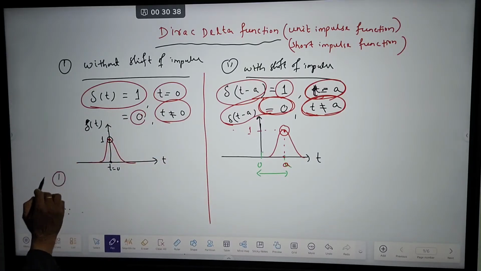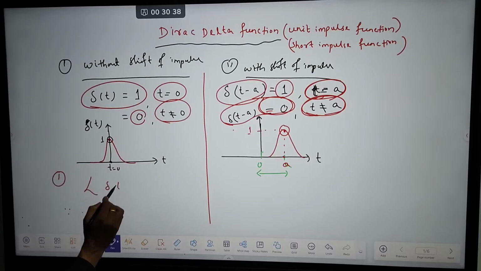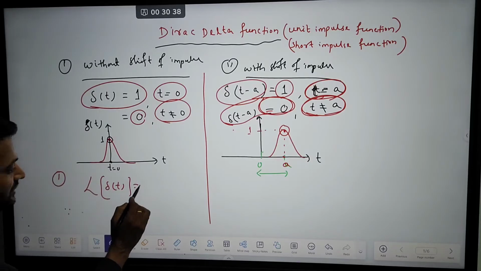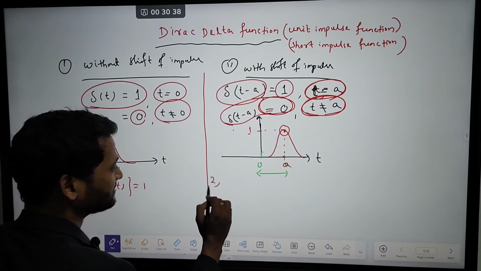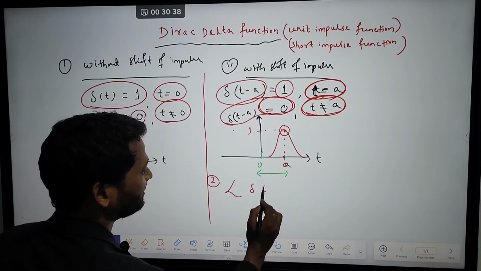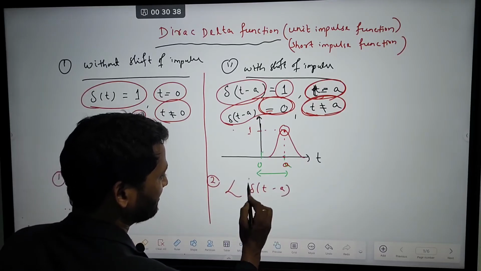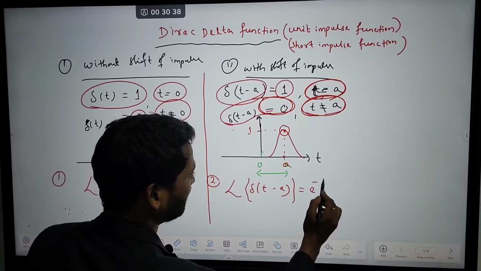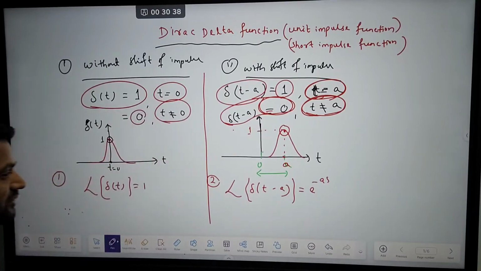Now another most important part, Laplace of del t is 1, but in this case Laplace of del t minus a is e to the power minus a s. You remember this formula.